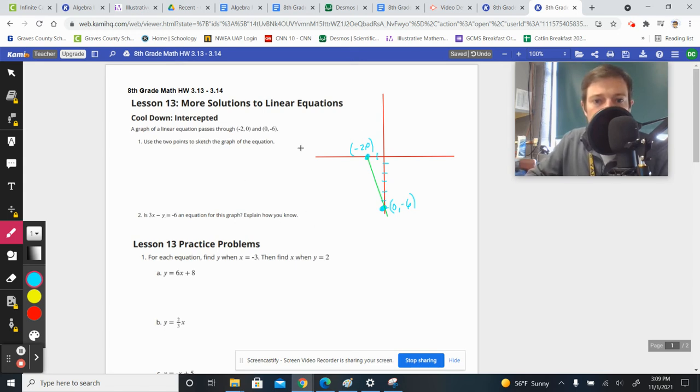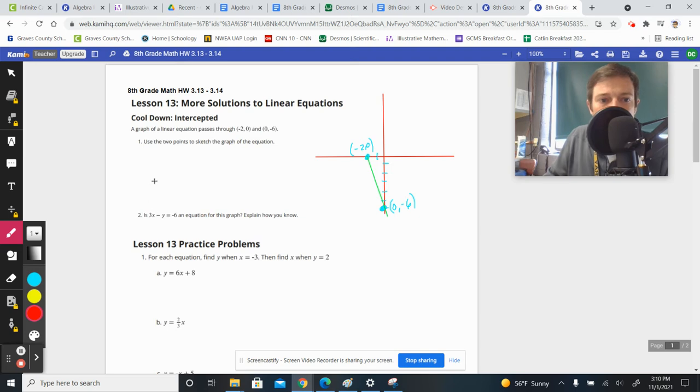Well, if our graph is represented by this equation, then the ordered pairs that we use to create it should make that equation true. So the way that I'm going to check it is I'm going to plug in a pair of my x and y values in for x and y and see if it makes it true.